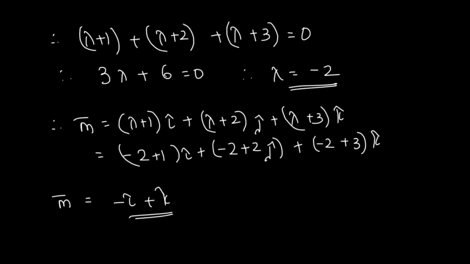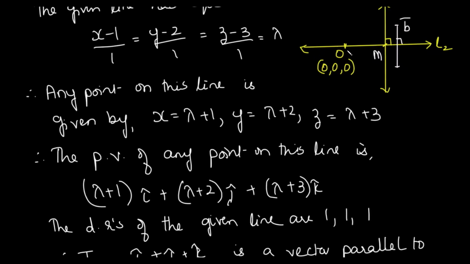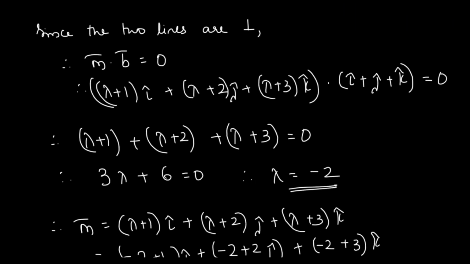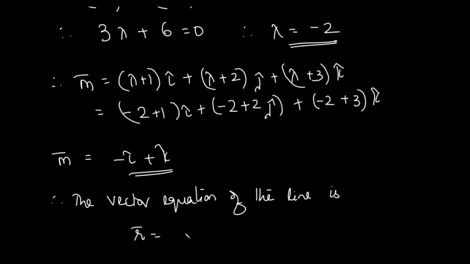So now we go back to the diagram, to the figure. On this particular line, we know two points of the line. One is the origin 0, 0, 0, suppose that is A bar, and M bar, which is whatever answer we got just now. That means now we can find the vector equation of the line. The vector equation of the line is of the form R is equal to A plus lambda (B minus A).